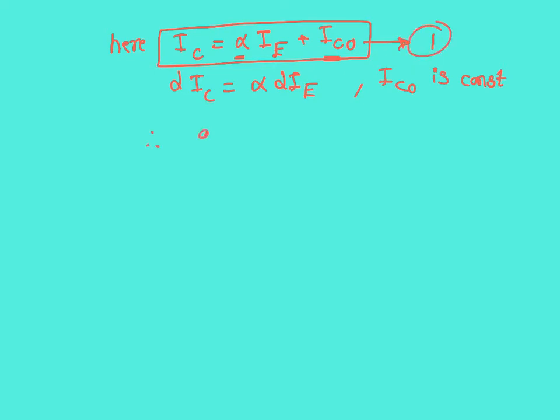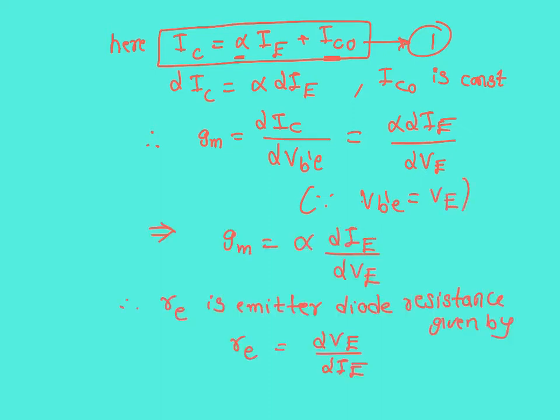Therefore we know that GM is equal to dou IC by dou VB dash E. Here dou IC can be replaced with alpha into delta IE, and VB dash E can be represented as VE, because from the circuit we can say that VB dash E and VE are both parallel voltages. Here RE is the emitter diode resistance, which is given by RE equals dou VE by dou IE.